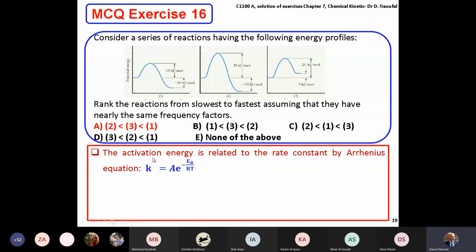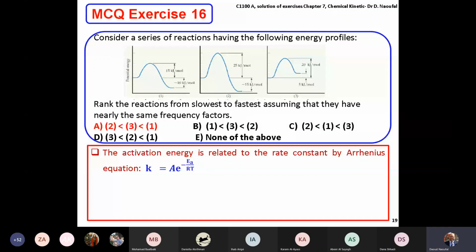The activation energy of any reaction is related to the rate constant according to the Arrhenius equation, K equals A e to the power minus EA divided by RT. We suppose that these reactions are realized at the same temperature. As I said previously, when we want to study the effect of a certain characteristic, the others should be maintained constant.